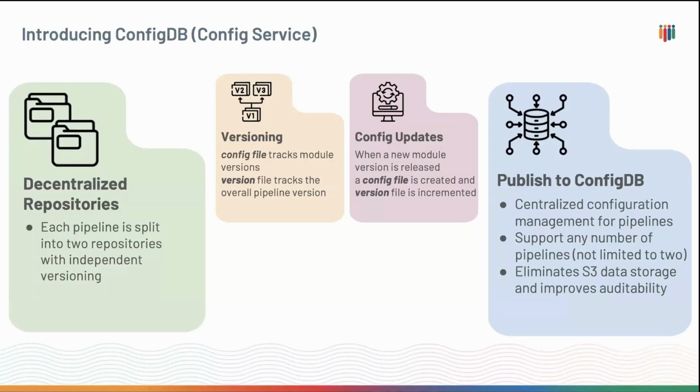ConfigDB simplifies infrastructure by eliminating the need for separate S3 data stores for staging and production, while still supporting the separation of staging and production pipelines by using parameters. ConfigDB also enhances auditability, tracking version promotions, recording who promoted a version, and capturing the exact release timestamp of the production version. I'll be talking about the config updates in the further slides. Next slide, please, Shane.